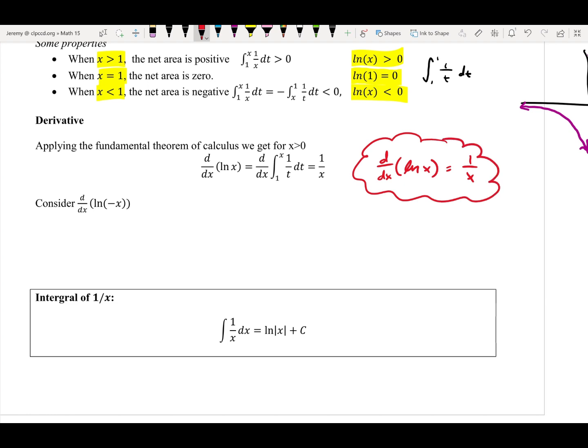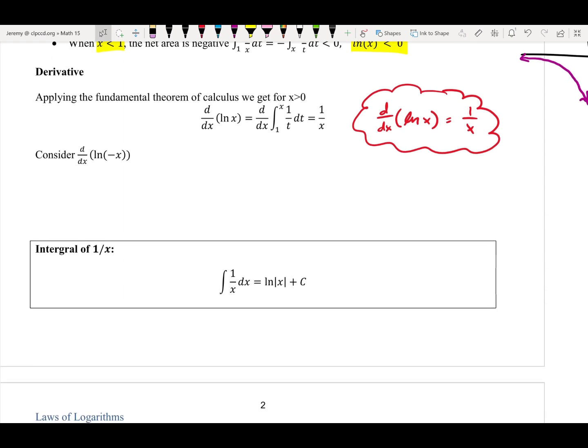Okay, what about if we wanted to take a derivative of the natural log of negative x? Well, first of all, bear in mind that we can't take the natural log of negative numbers. So really, this would be if x was less than 0. That's the only way that this would work. But we can still find this derivative. Here's what it's going to look like. We would have to do a chain rule, right?